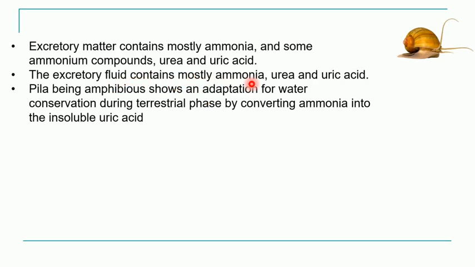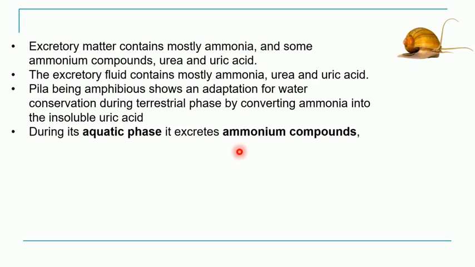So the excretory product can be ammonia, urea or uric acid. Now we know that Pila is an amphibious animal. That means sometimes it can live in the water ecosystem and sometimes it can live on the land. So it can switch the excretory product. For ammonia excretion, a large quantity of water is required. So when it is present in water, it will excrete ammonia as the excretory product.